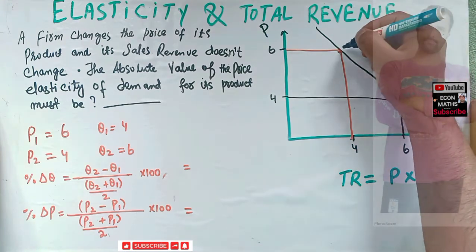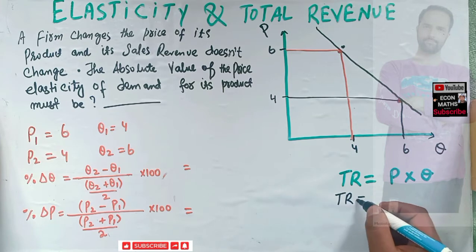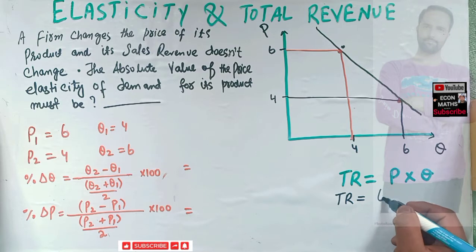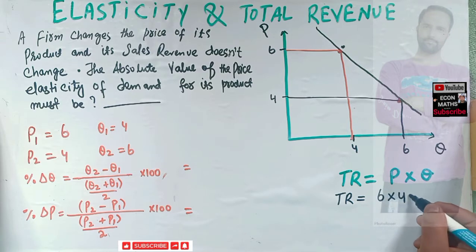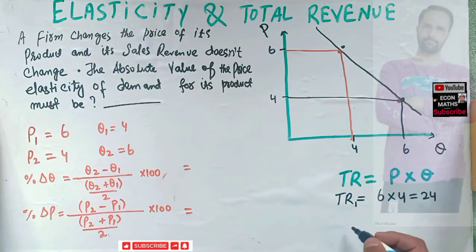So initially at this point, what was total revenue? Price was 6, quantity was 4. So we have 6 into 4, that is 24. Let us say this is total revenue 1 and this is total revenue 2.